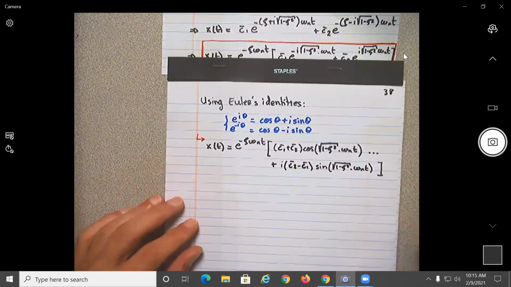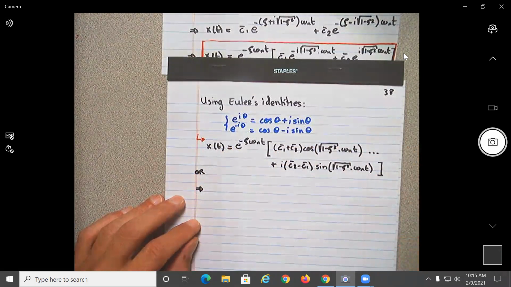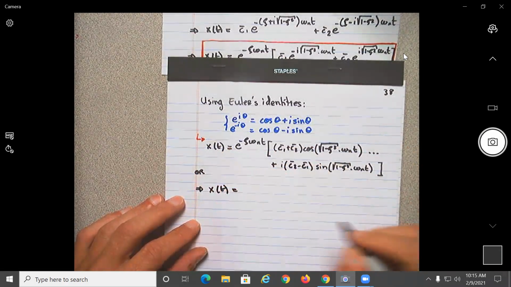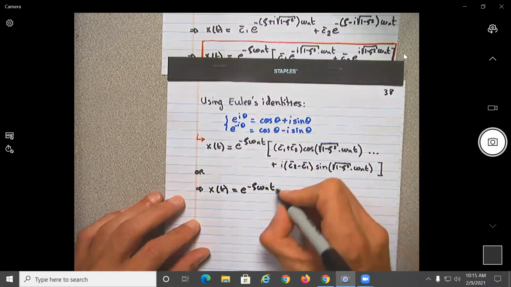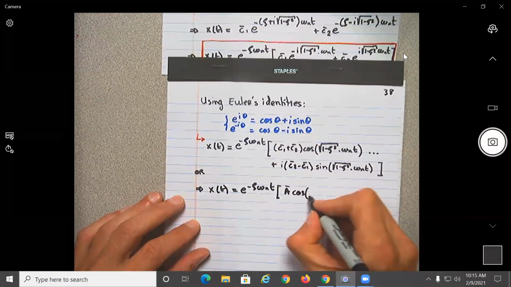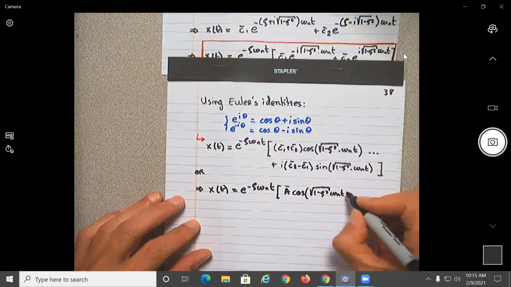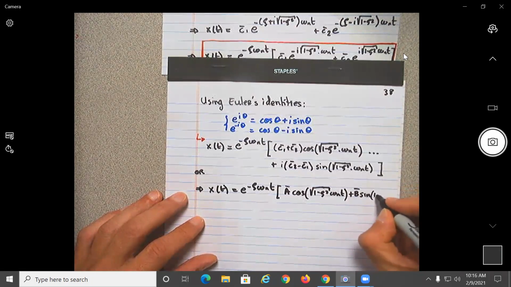All right, so to simplify the notation, we have x of t equal to exponential of minus zeta omega n t, and we have here a bar cosine of the square root of 1 minus zeta squared omega n t, plus b bar sine of square root of 1 minus zeta squared omega n t.